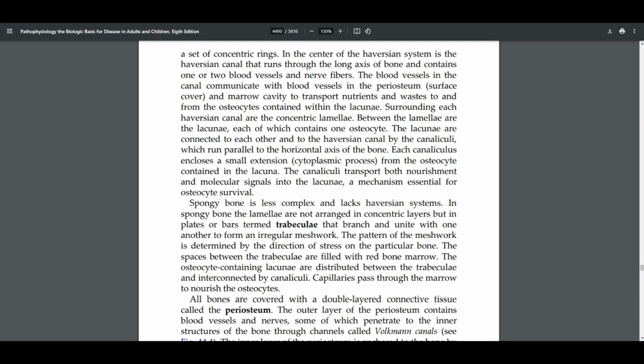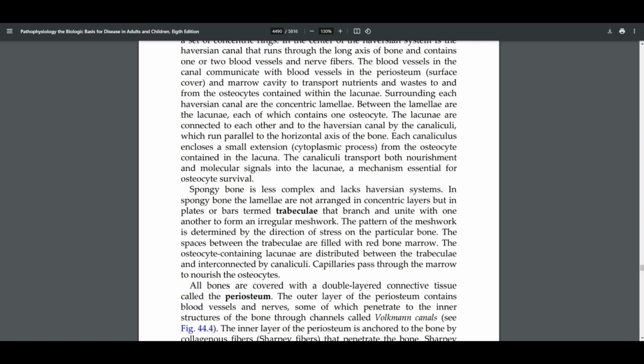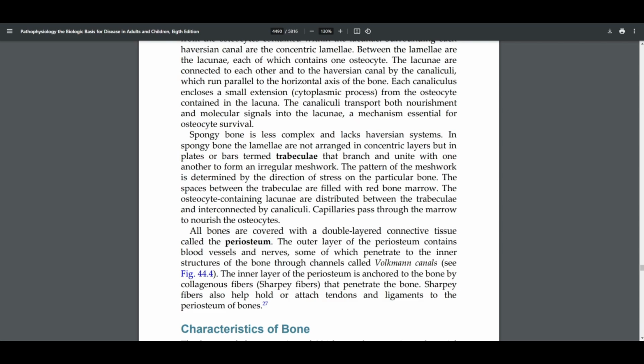The spaces between the trabeculae are filled with red bone marrow. The osteocyte-containing lacunae are distributed between the trabeculae and interconnected by canaliculi. Capillaries pass through the marrow to nourish the osteocytes.